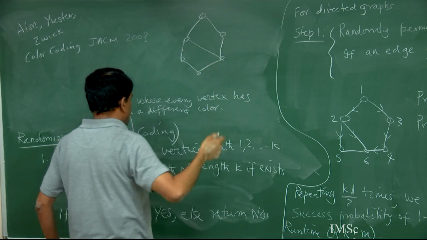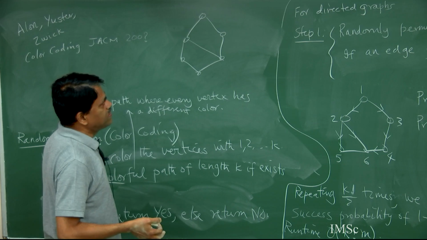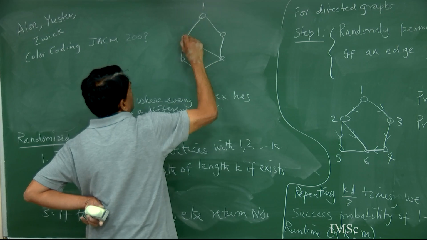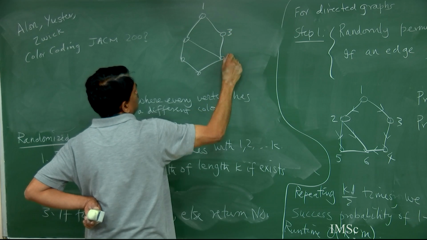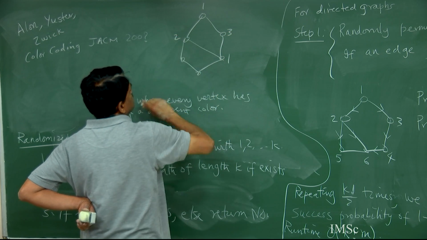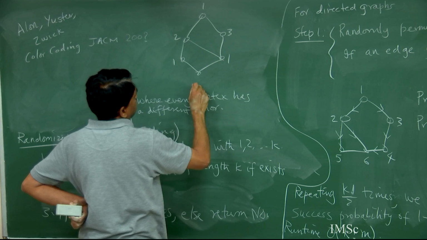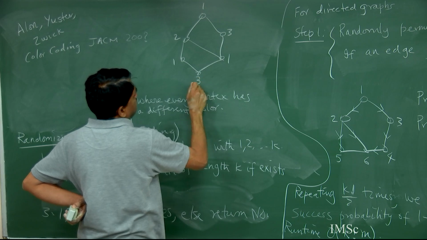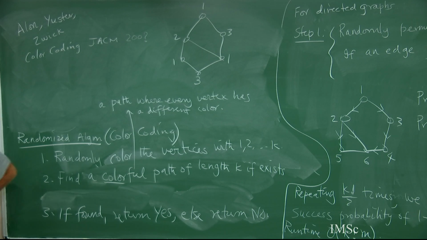So let's say I am looking for a simple path of length 3. I am going to give some color to each vertex: I randomly choose a number between 1 and k and give it.